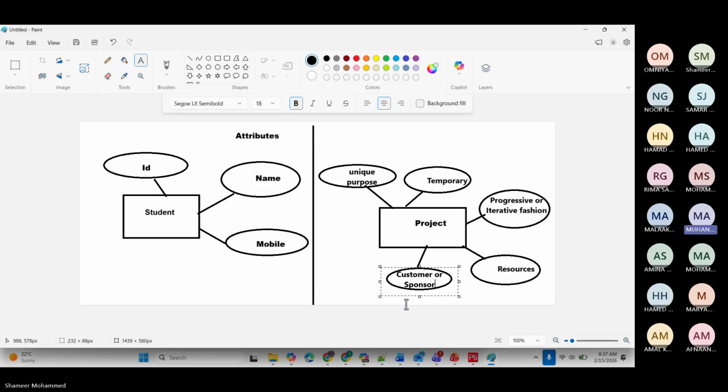The student. Yes, you are a customer for us. For the university, the students are customers. Sponsor means the head or the vice chancellor or the president or CEO of the university. They give the money to run the university. So that is called sponsor, right? So every project has a customer, every project will have a sponsor.